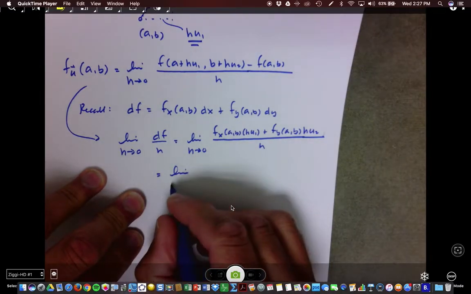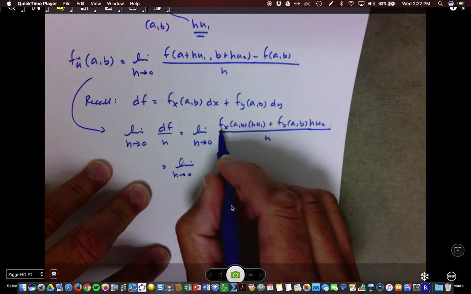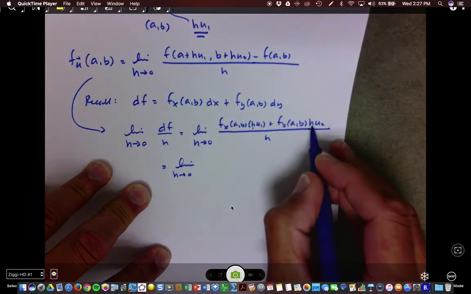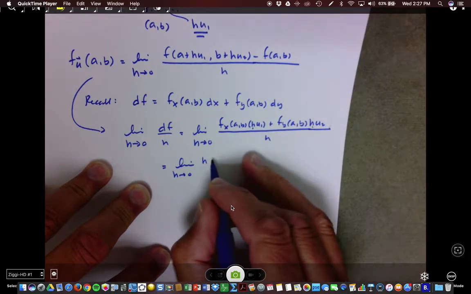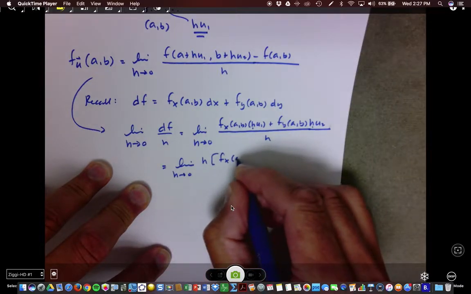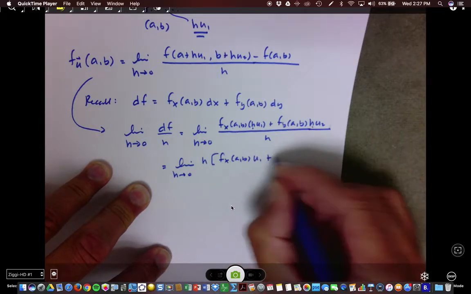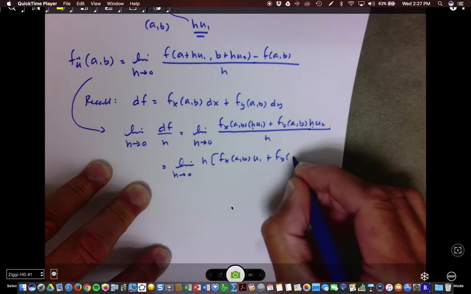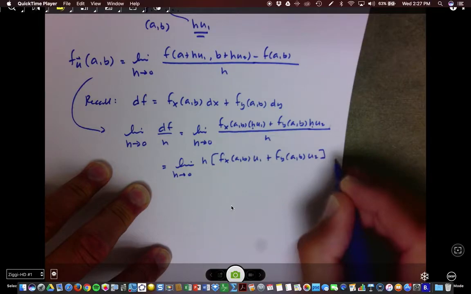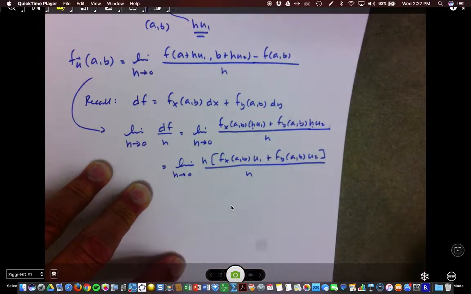So the nice thing about this is we get the limit then as h goes to 0. Right, and then if you notice, this is just multiplication in the numerator, and I've got a common factor in these two terms of h. So if I factor out the h, I'm going to be left with fx at (a, b) times u1 plus fy at (a, b) times u2, and all that divided by h.